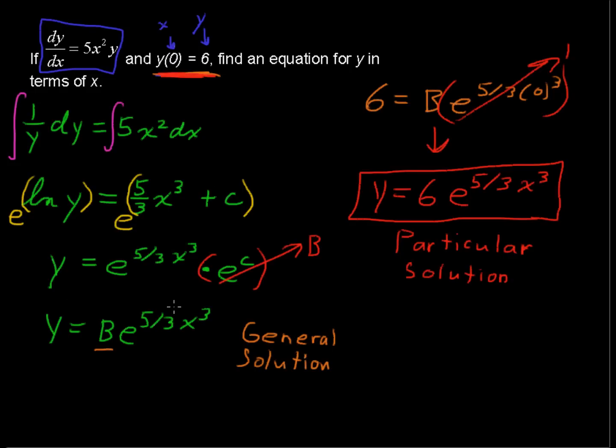And then we used properties of exponents so that we could get this unknown constant by itself. So we had our general solution, and then we plugged in what we knew from the initial condition, 6 for y and 0 for x, to solve for the unknown and make it a particular solution. So there we have it.